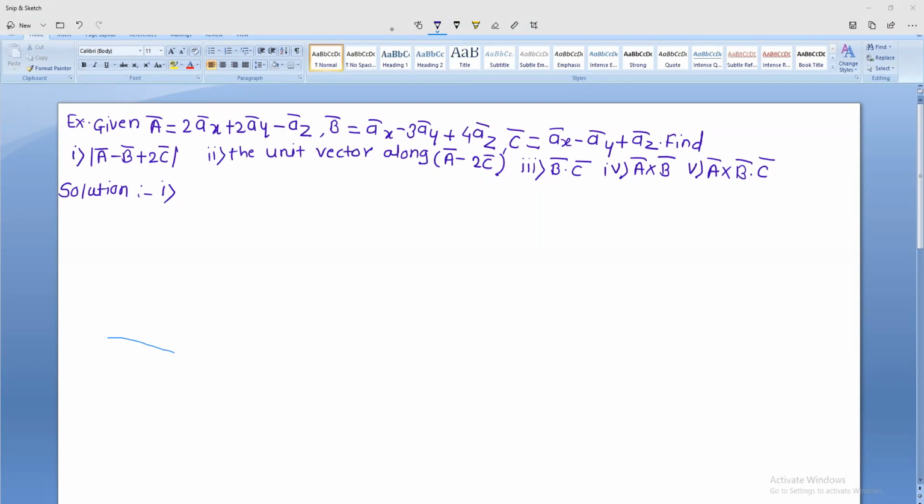So Ashwini Mane, tell me how to solve this first. Mod of a bar minus b bar plus 2c bar. Yes, Mane Ashwini? Hello, Ashwini Mane. Can you hear me? Hello.